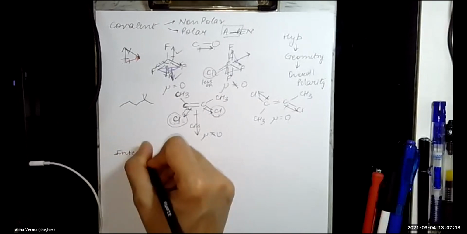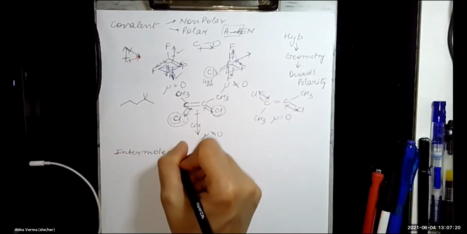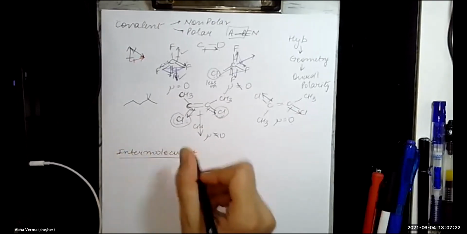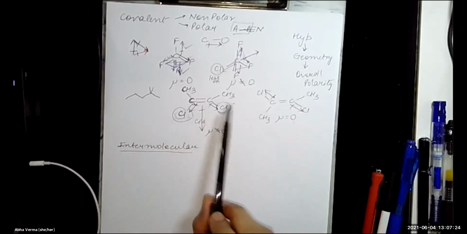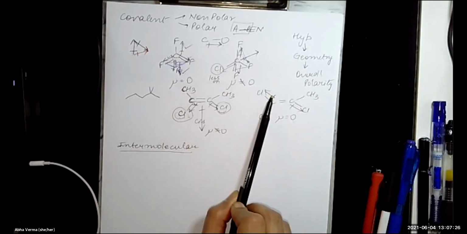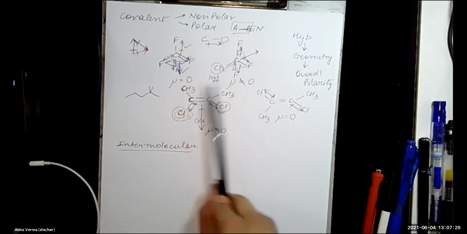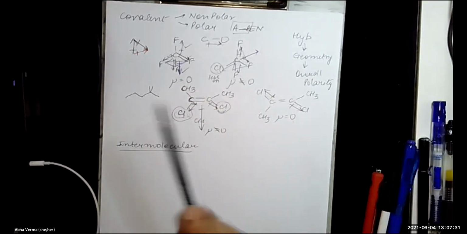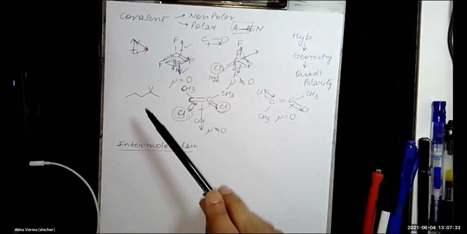Any questions on how we figure out qualitatively? We are not doing any numbers. We are only doing zero and not zero. That's the only thing that we are looking at.